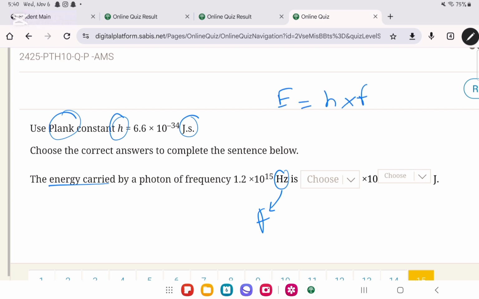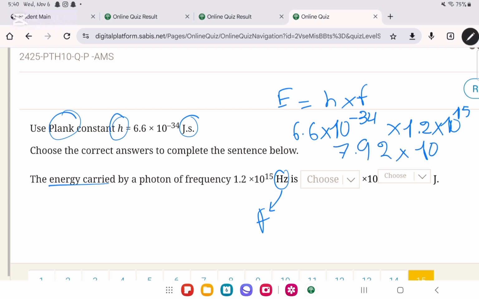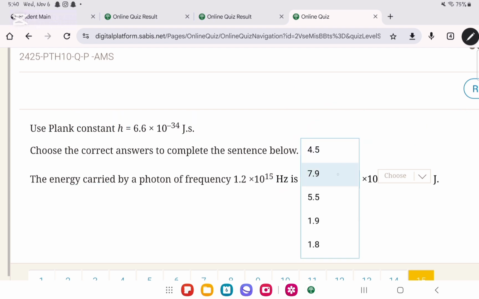So it is 6.6 times 10 to the power of minus 34 times 1.2 times 10 to the power of 15, and you are going to get 7.92 times 10 to the power of negative 19. We don't have 7.92, but we have 7.9 times 10 to the power of negative 19.